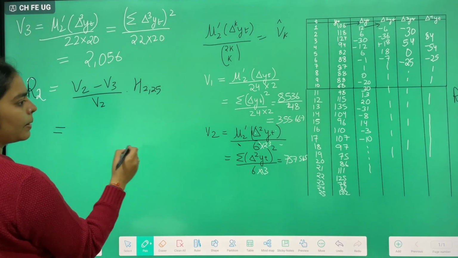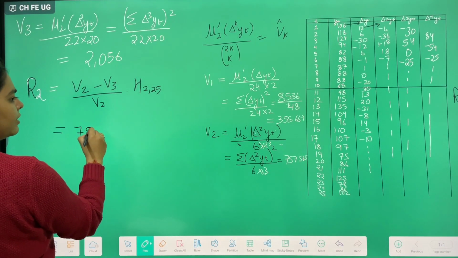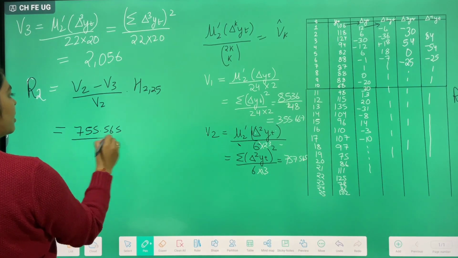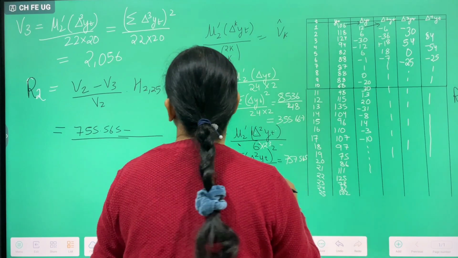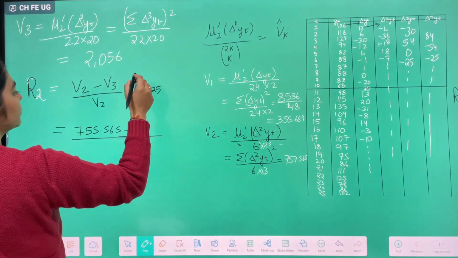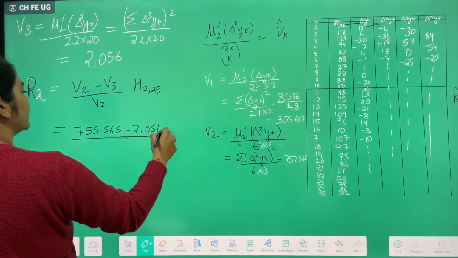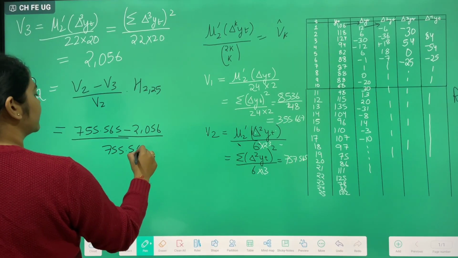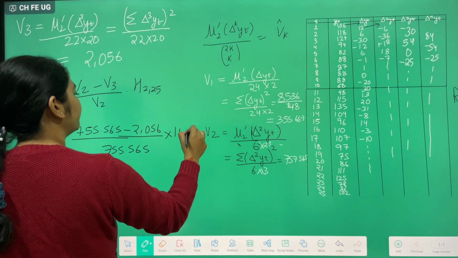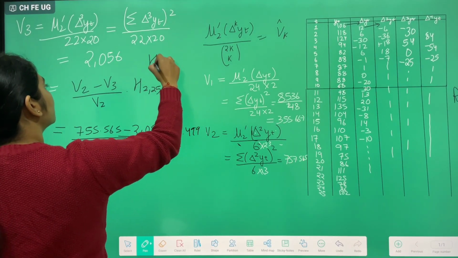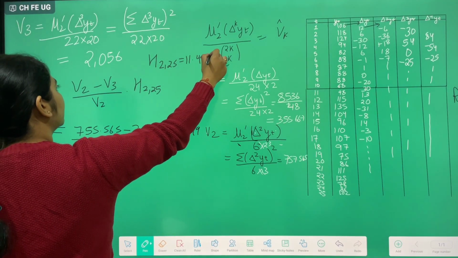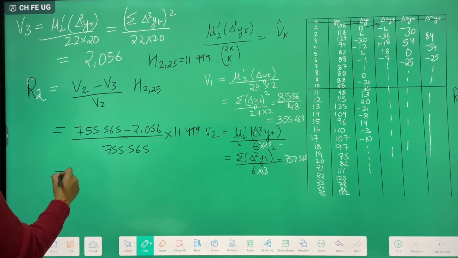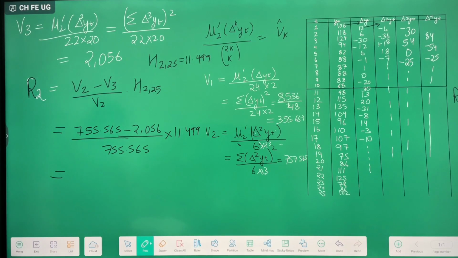So it would be 757.565 minus 2056, 755.565 into 11.499. This has been given. And if we calculate this, our R2 will be equal to 2.14.